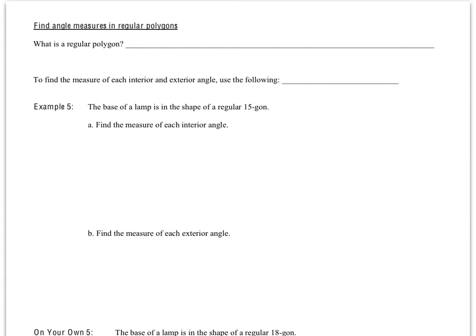All right, it says find angle measures in regular polygons. So what is a regular polygon? I think you've all heard of this one before. It's all side lengths and angles are congruent. I'm having a hard time writing here. That does not look like the word side.